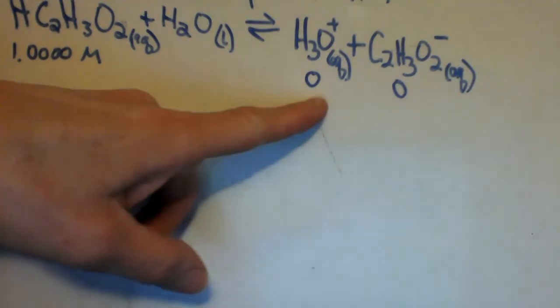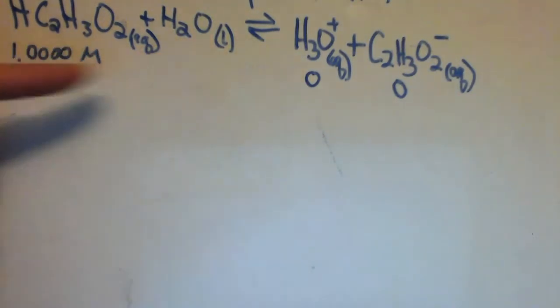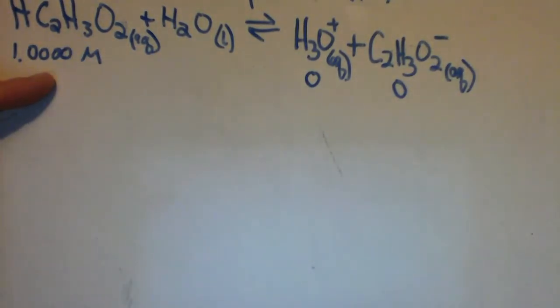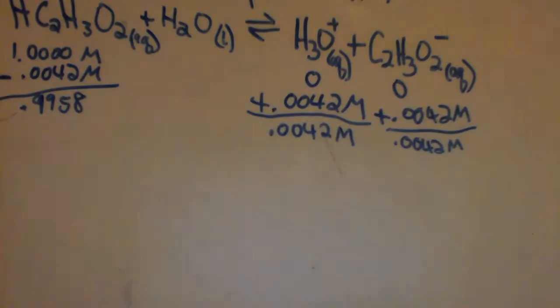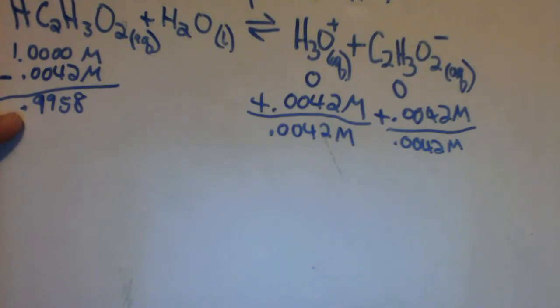So whatever the concentration of one of these is can be subtracted from the initial concentration to find the concentration at equilibrium. We subtract the concentration of hydronium ions from the initial concentration of acetic acid, and we get 0.9958 molar.